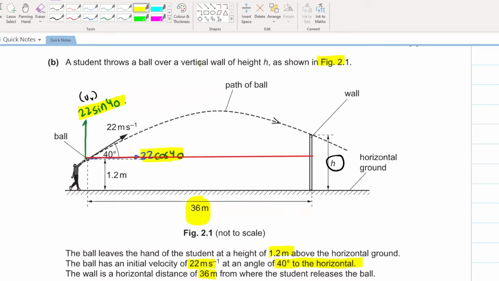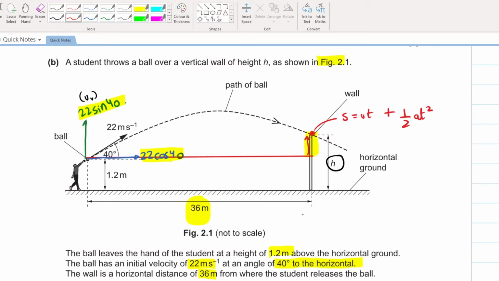Can you calculate this displacement if I assume that this red line is a level ground? Yes, you can do that. If you want to calculate this yellow highlighted displacement, how will you do that? You will apply s = ut + half at squared in the vertical direction.